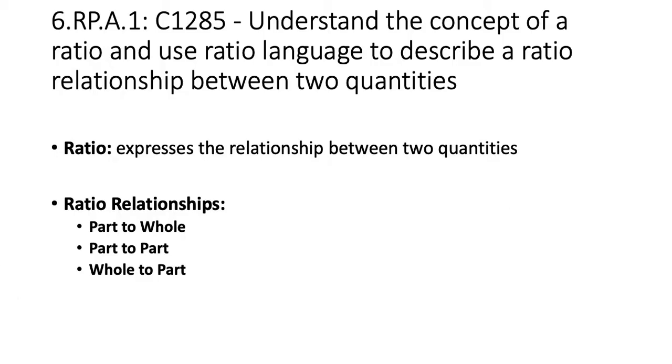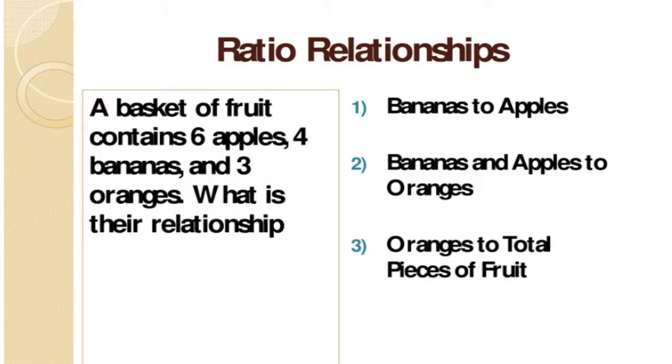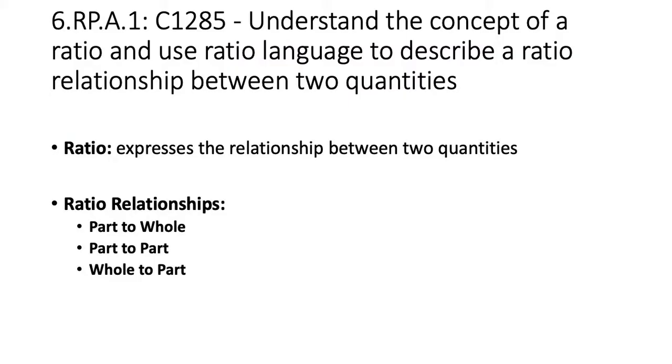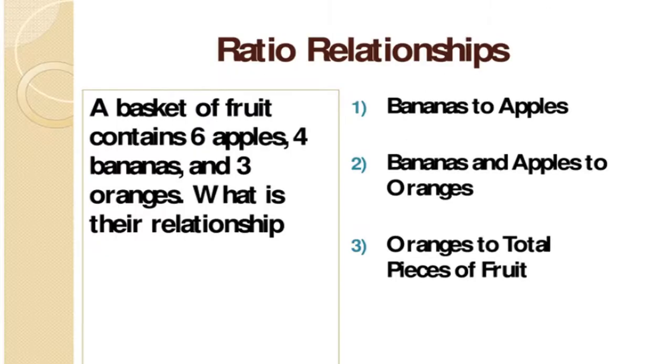Now, when you come back, there's going to be a little bit more notes on the next slide. So here we go to the next slide. And we're going to do an example of what is meant by part to whole and whole to part. So in this example, it says a basket of fruit contains 6 apples, 4 bananas, and 3 oranges.